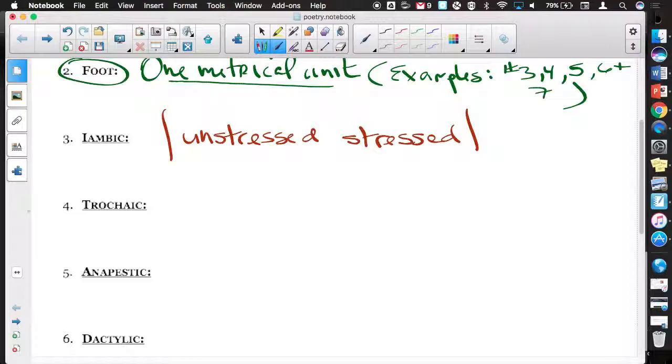The shorthand that you use to identify unstressed and stressed are 2 little marks. You have what's called a cup for unstressed, looks like a little lowercase u, just doesn't have a line coming down. Stressed is like a little slash there, okay? So if you were to write an iambic poem or an iambic play, if you were writing verse with Shakespeare, you would have alternating unstressed, stressed, unstressed, stressed, unstressed, stressed.